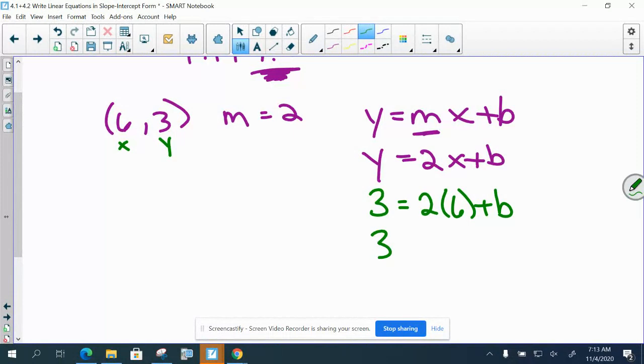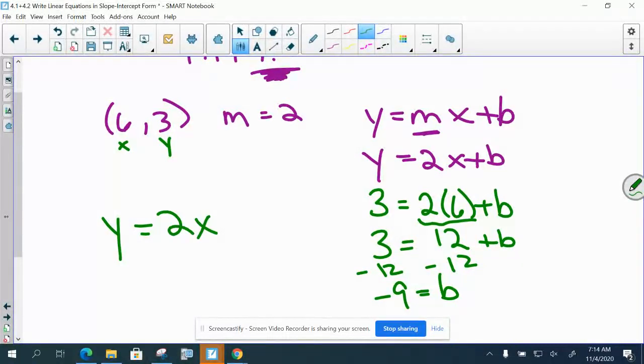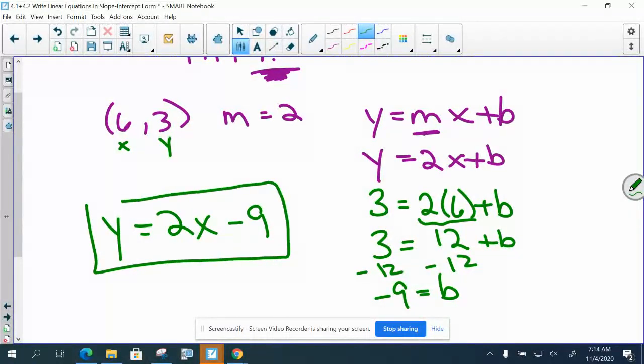So then you have 3 equals, we're going to multiply the 2 and the 6 next, order of operations. And then we're going to subtract the 12 to get b by itself. So 3 minus 12 is negative 9. So then your final equation is y = 2x - 9. So that's the algebraic way to write an equation in slope-intercept form.